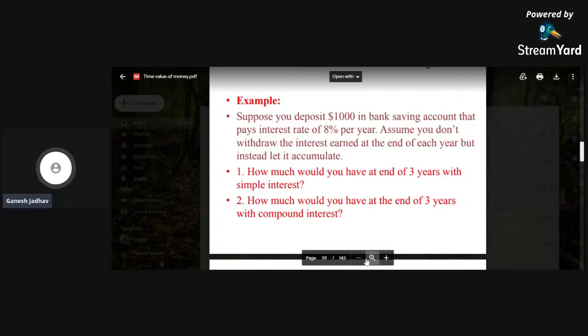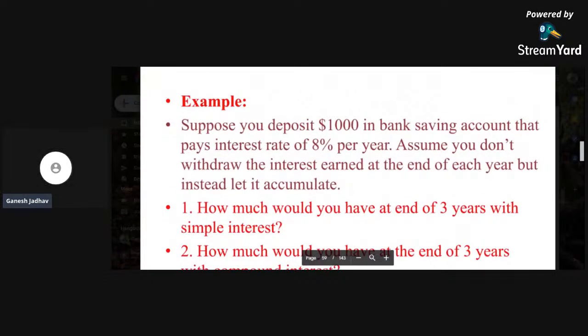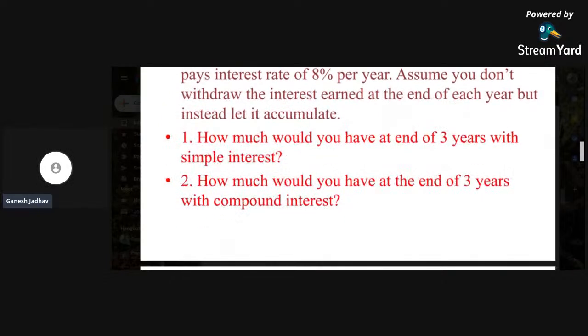Suppose you deposit 1000 dollars in a bank savings account that pays interest at the rate of 8% per year. Here the value of small i is equal to 8, P is equal to 1000. Assume you don't withdraw the interest earned at the end of each year, but instead let it accumulate.